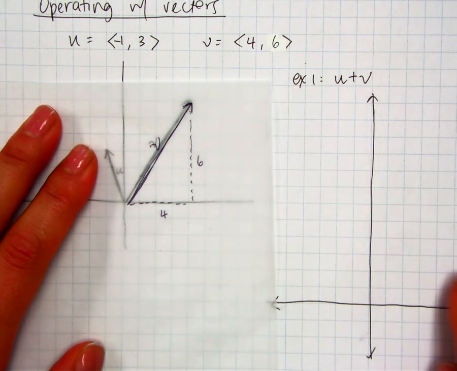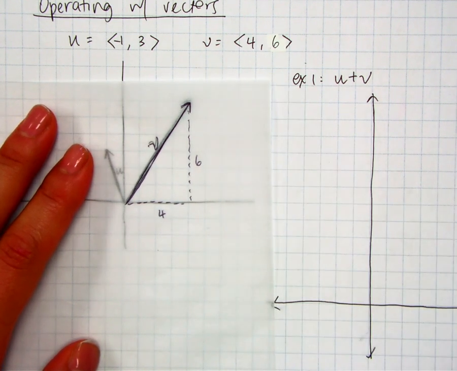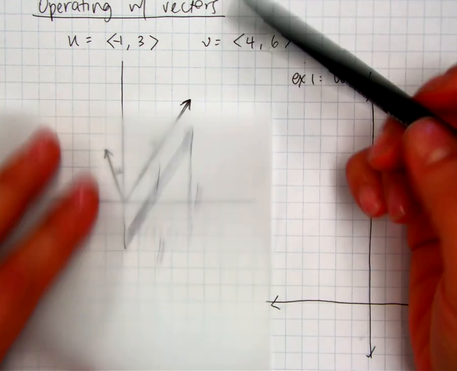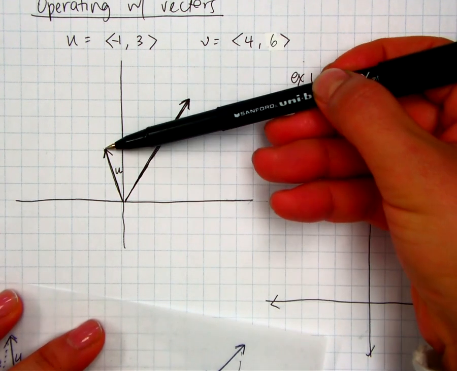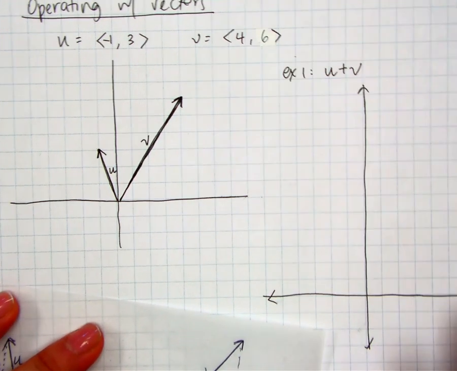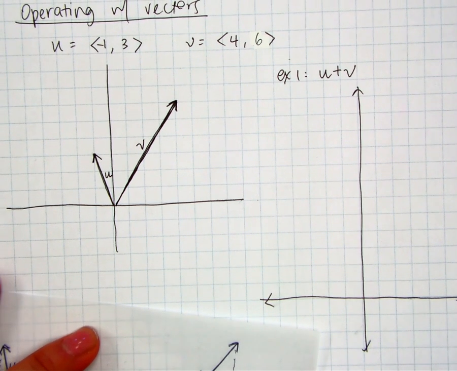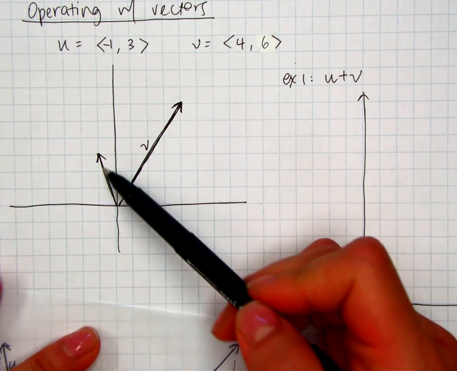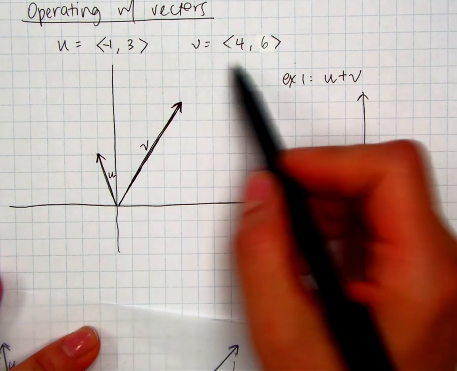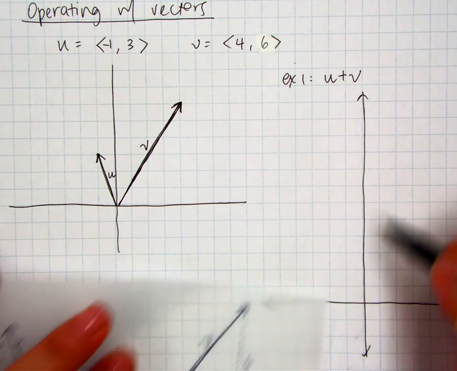Right? So what does it mean if I add u plus v together? Well, basically the two forces here, this vector plus this vector, we connect them head to tail. We call it head to tail. So we start with either one, u or v. It doesn't matter because here's u.